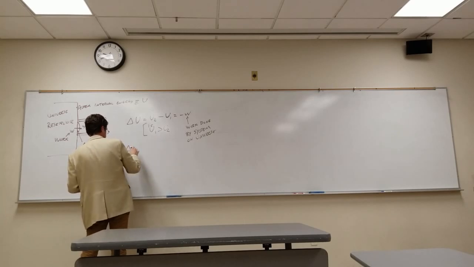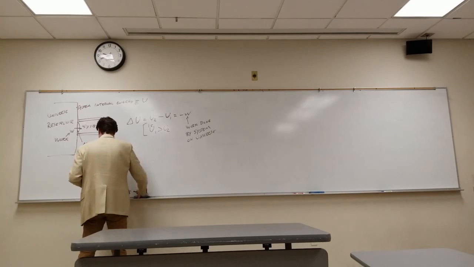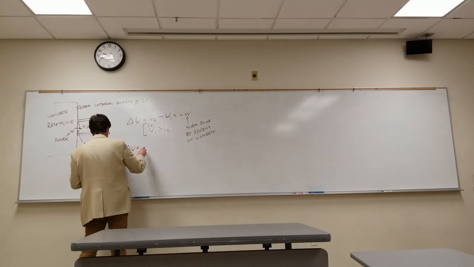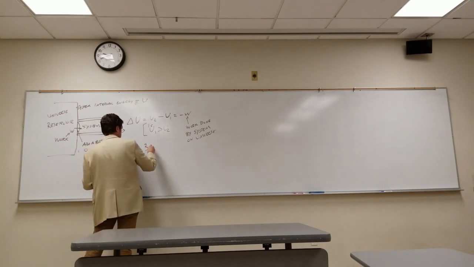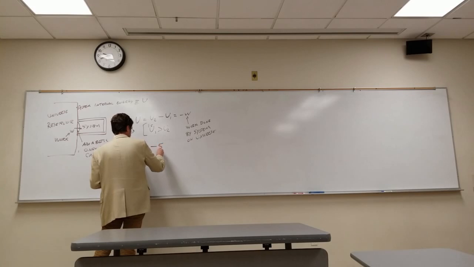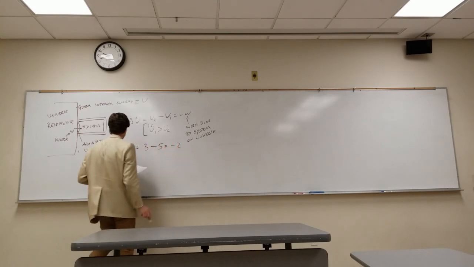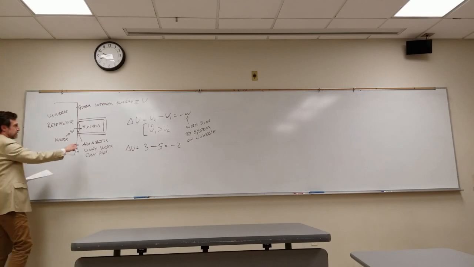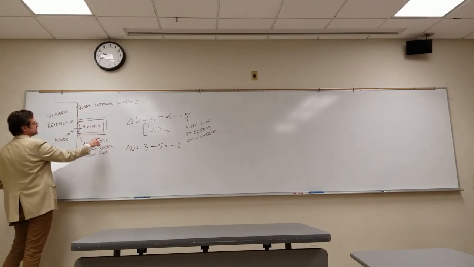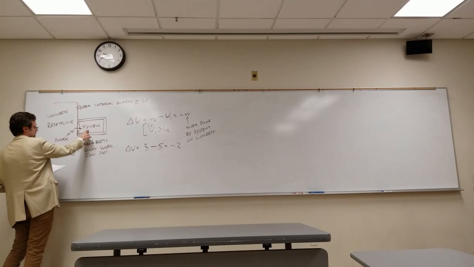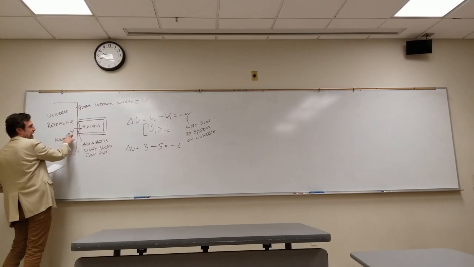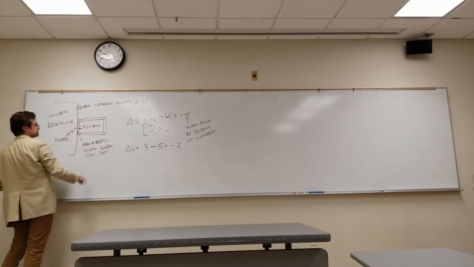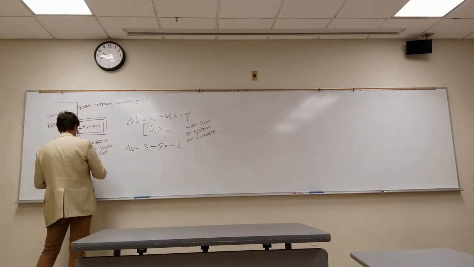So I'm going to say delta U is equal to, say, 3 minus 5, which is equal to minus 2. So I can think of this then as the system is losing energy, and I'm defining work as being done by the system on the universe.